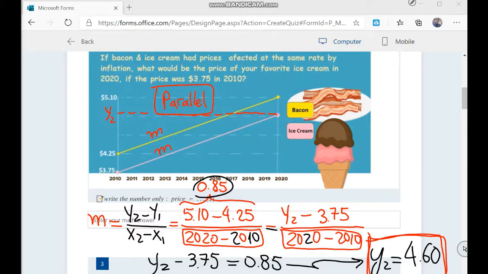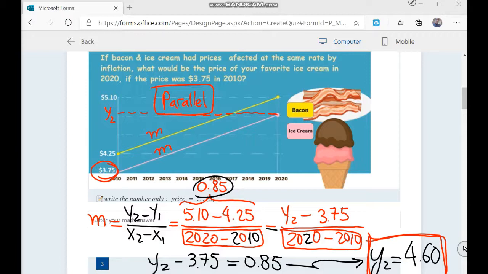$3.75 is here. Okay, Kalia, it is the price of the ice cream in 2010. And let me see who got closer. Adrian got closer, Gabriela 450, yes, close. Maddie close, Angelique close, 450. Makina pretty close, Valeria is pretty close as well.